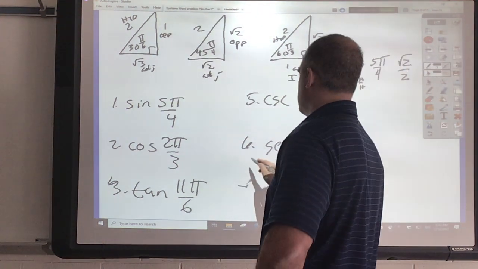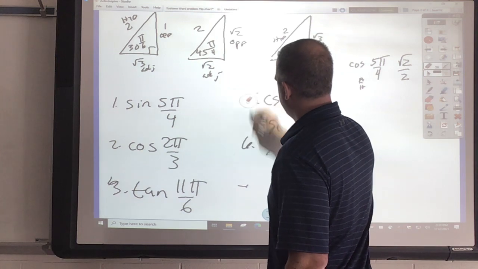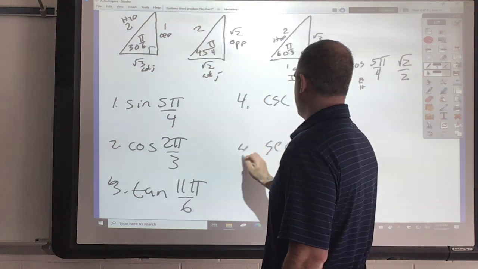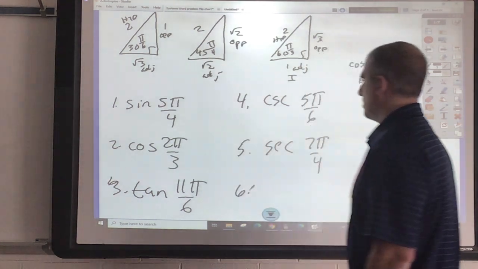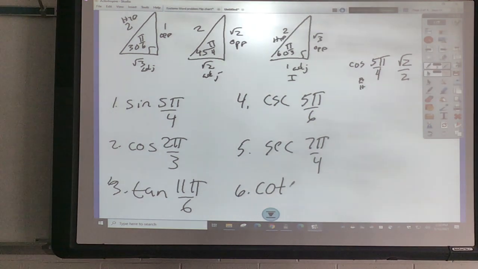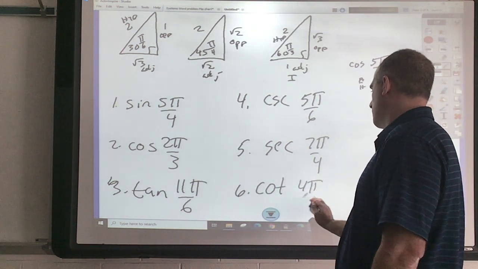Okay, and then let's do cotangent of 4 pi over 3.